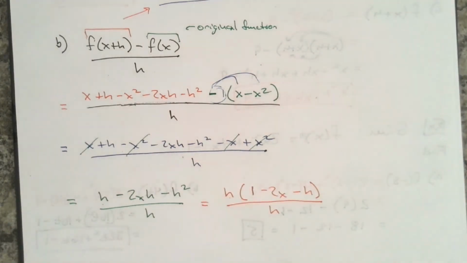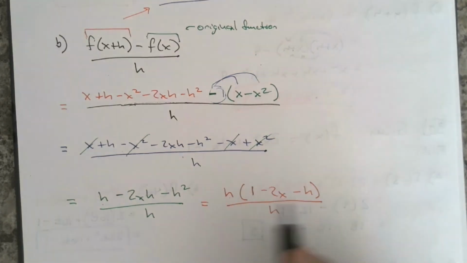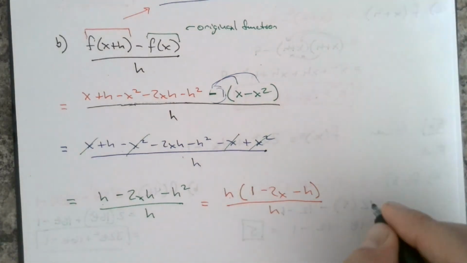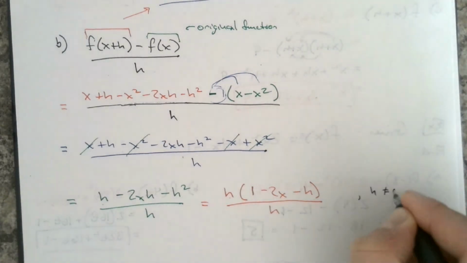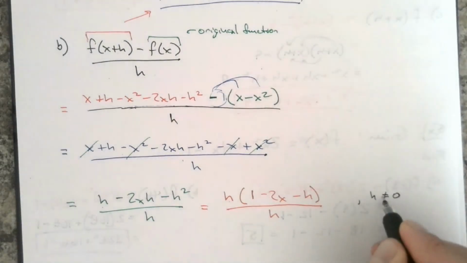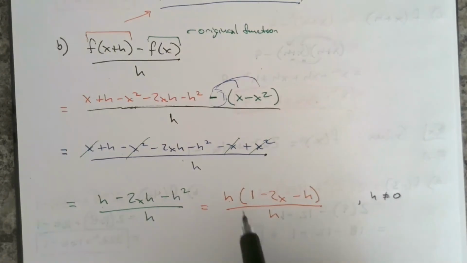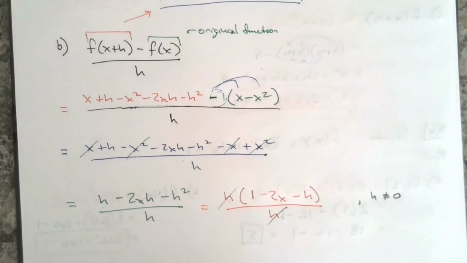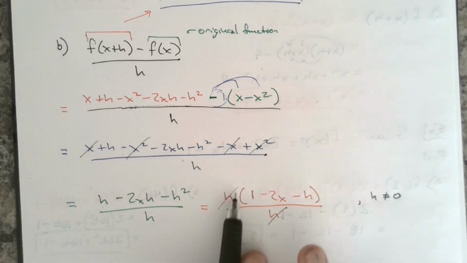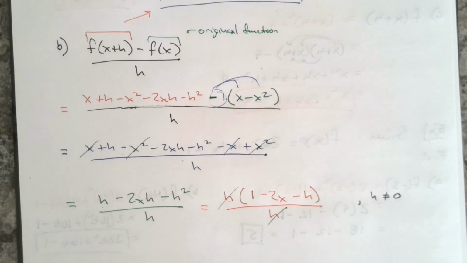And now that we're here, you're allowed to cancel these h's. Typically, the reason is that h doesn't equal 0 is what we're going to really say. Because if you had 0 over 0, that's indeterminate form. So we're allowed to cancel these as long as h doesn't equal 0. So we'll cancel these h's out now. And the reason you're allowed to cancel is because you have things that are being multiplied together. So if they're factors, you're allowed to cancel factors through division, but you can't cancel from individual terms.